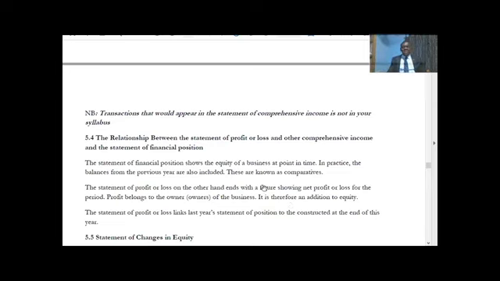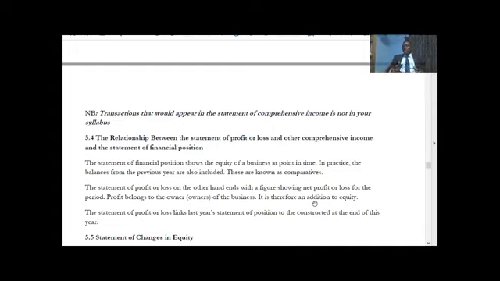Great. Now, the statement of profit or loss, on the other hand, ends with a figure showing the net profit or loss for the period. Profit belongs to owners of the business. It is therefore an addition to equity. So you can see that the results of the profit or loss and other comprehensive income will be added to the owner's equity in the statement of financial position.